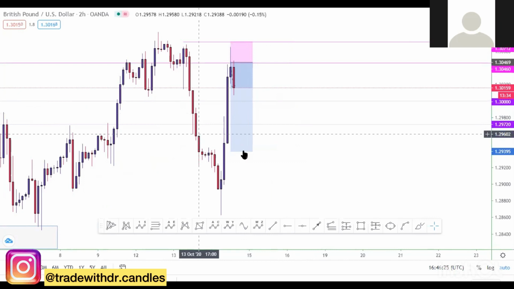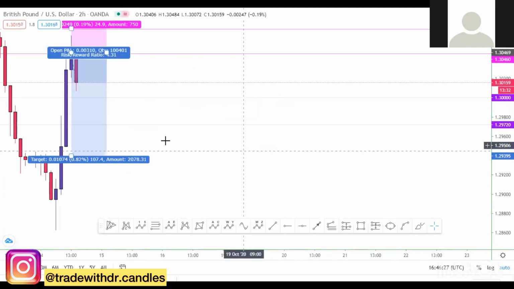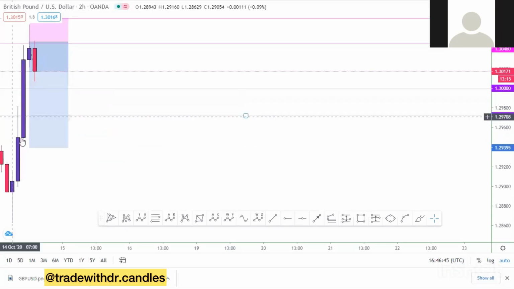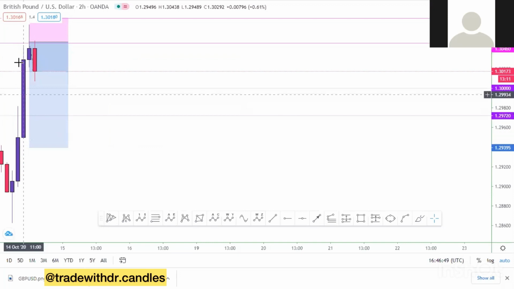You see, another instance happened here. This is a very big move that created a wick. After the formation of this candlestick, you know there is a potential of this wick getting filled. So you enter immediately after the move.